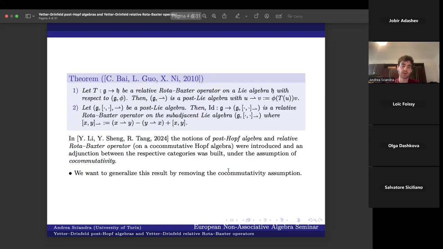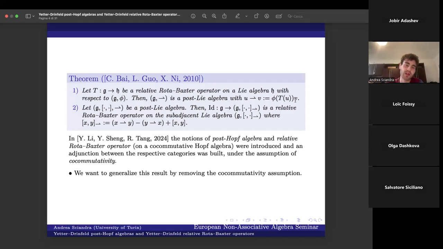Now we have this result. When we start with a relative Rota-Baxter operator on a Lie algebra H with respect to G, then the domain becomes a post-Lie algebra, just using the action, in fact, that we have of H on G. In fact, u acting on v is just given by the action of Tu over v.